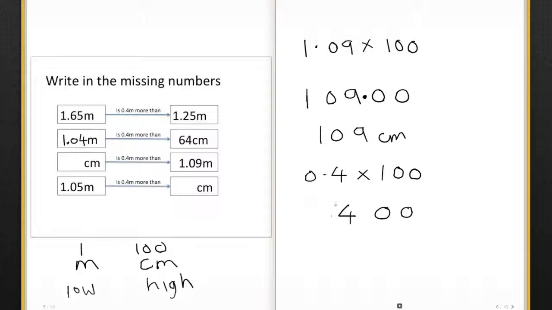We're starting here, 1, 2. So that equals 40. So now we can add them together. 109 plus 40, and we can do that in our heads, is 149 centimetres. Let me write that in.